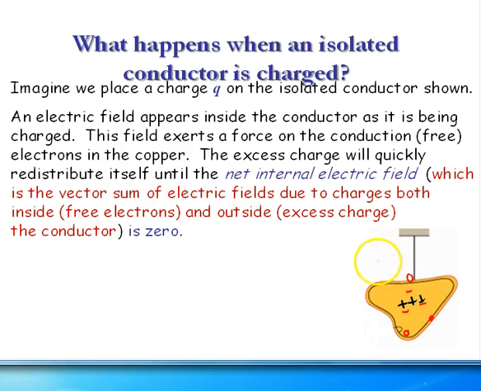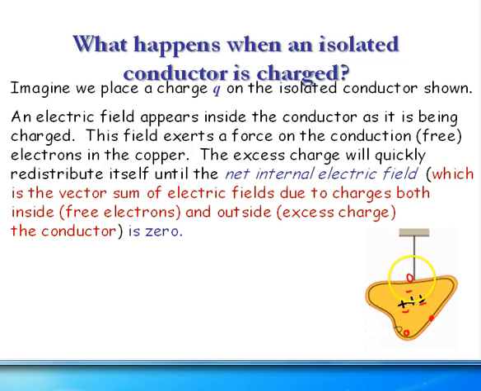So that excess charge is going to redistribute itself until the net electric field internally is equal to 0. That net electric field is the vector sum of the electric field due to the charges inside, due to these free electrons, and any outside electric field that's present, and it is going to be 0 internally here.